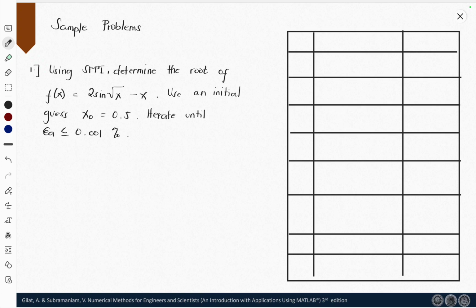As you can remember, step 1 in the simple fixed point iteration method is to arrange your equation so that what is left on the left side is only x. For the solution, f of x is equal to 2 sine square root of x minus x. Since we are asked to solve for the root, you set f of x equal to 0.